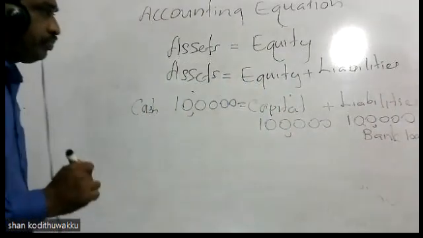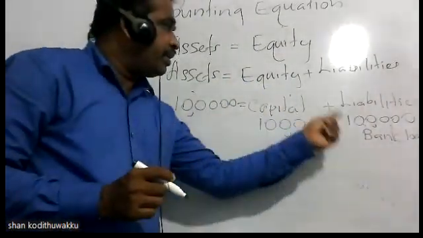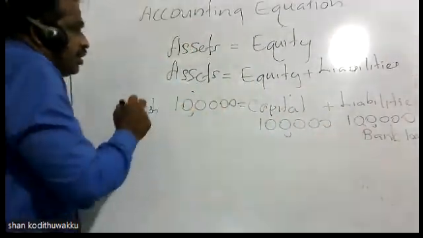And now in the business, capital 100,000, liabilities bank loan 100,000.